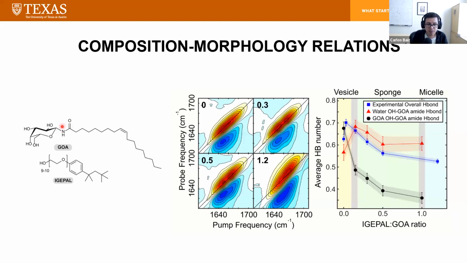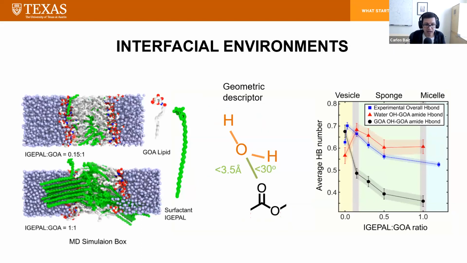In the experiment, we did not see those as separate from water because we only see a frequency shift from a hydrogen bond. Whether that OH is from a head group of a neighboring lipid or from water, we don't know. However, in the simulation we can separate them out because we have the structures and the trajectories; we know how all these molecules interact with each other. So we can apply the geometric descriptor to an OH from the head group versus an OH from water.